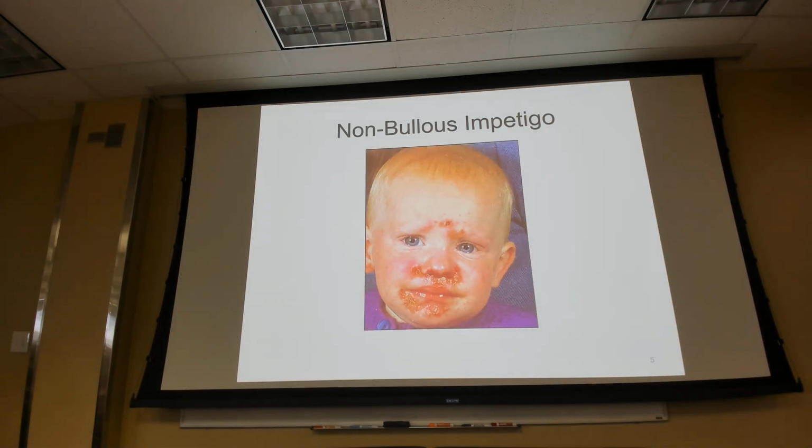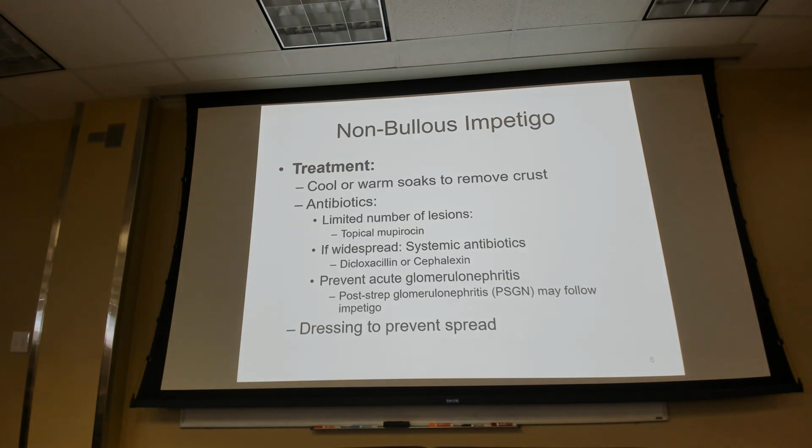And that's what it looks like. It's all over his forehead a little bit, but it's more so on the nares and the oral aspect. So how do we treat it? Okay, we're going to be doing some cool, but more of the warm soaks to get the crust off of that.